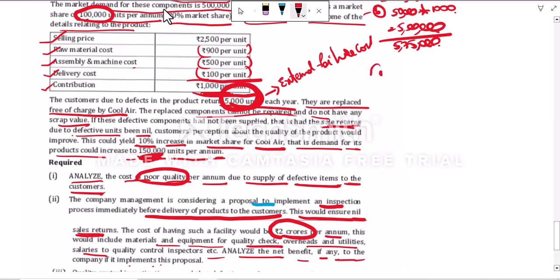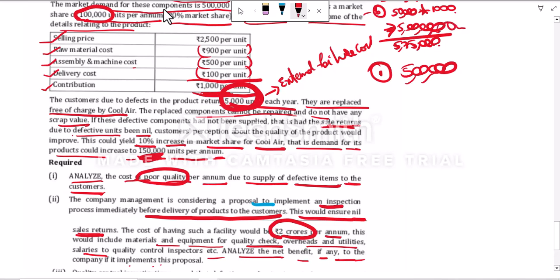First one, this lost sales will be there, 5 crores lost contribution. This they will not incur.